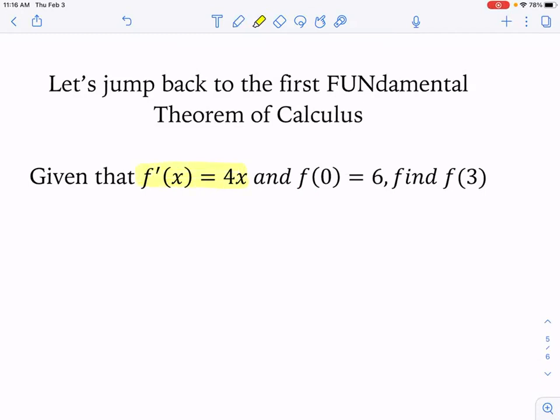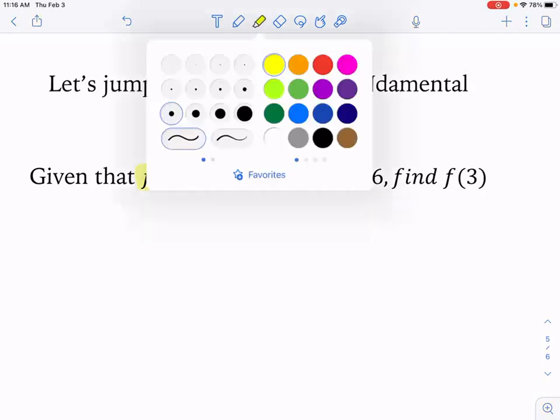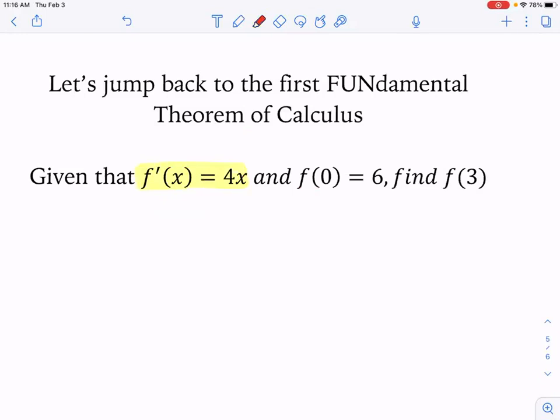We know that the derivative of f is 4x. We know that f of 0 is 6. We want to find f of 3.